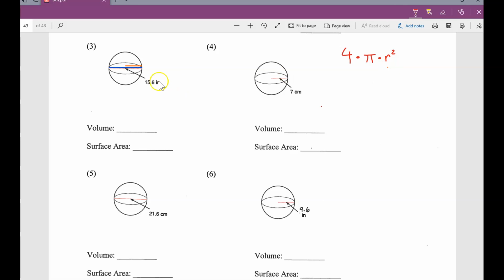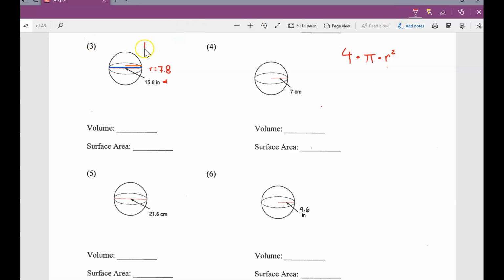So if this diameter, that's supposed to be a d, is 15.6, then our radius is going to be half of that, which is 7.8.